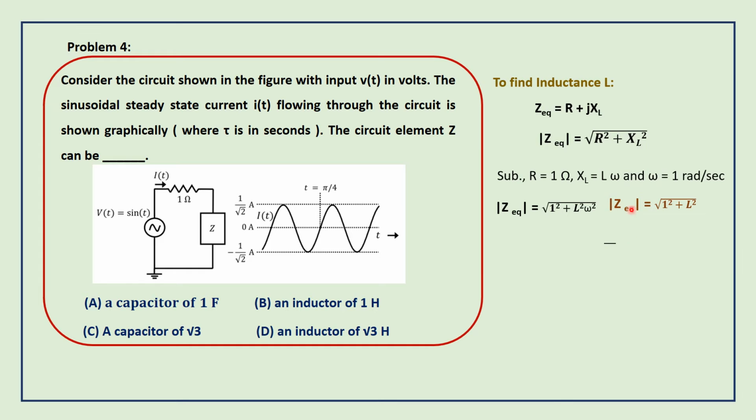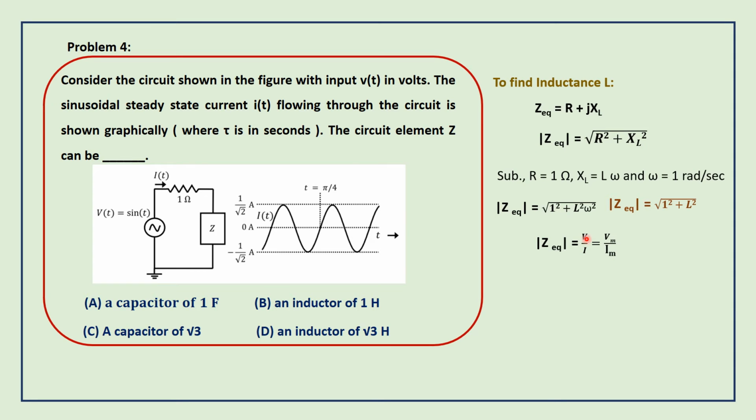We can find out Z equivalent in another way from the value of maximum voltage and maximum current. Maximum voltage we have already found out as 1 volt, from V of t equal to Vm sin omega t, and maximum current is 1 by root 2 amps. Z equivalent is nothing but RMS value of voltage by RMS value of current, which is equal to Vm by Im.